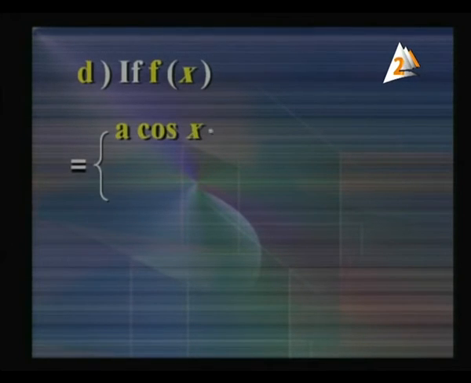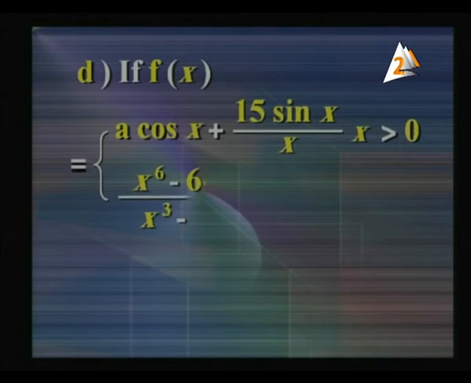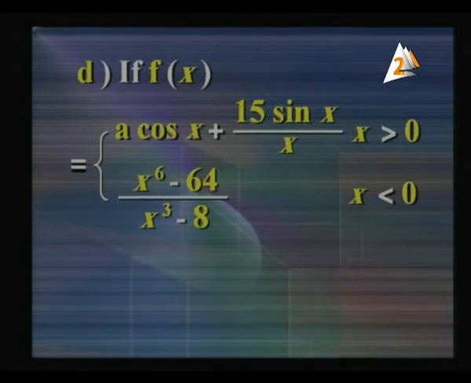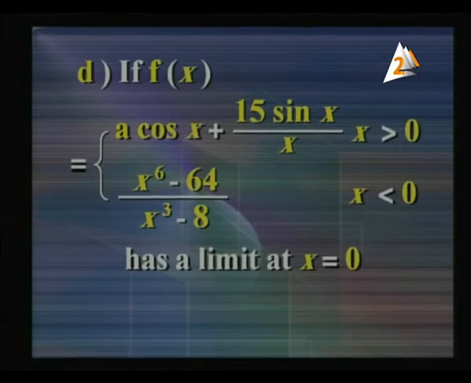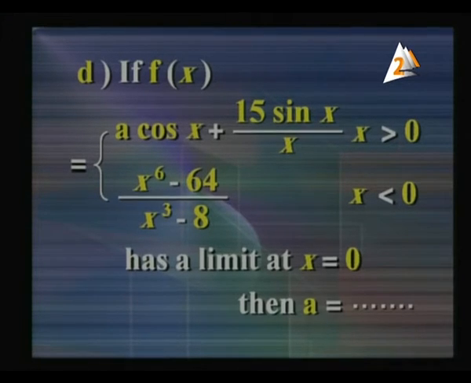If f of x equals two branches: the first branch is a cosine x plus 15 sine x over x when x is more than 0, and the second branch is x to the power 6 minus 64 over x to the power 3 minus 8 when x is smaller than 0, and f has a limit at x equals 0, what is the value of a?